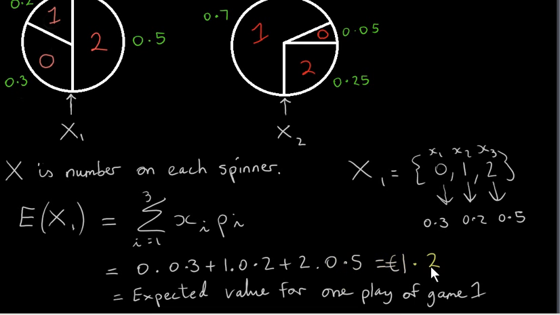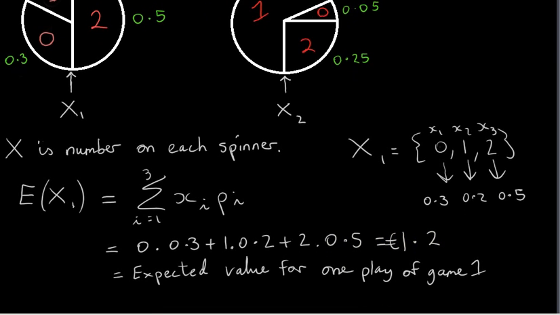But remember, it costs €1 to play the game. So that means that the expected winnings for one play of game 1 are 1.2 minus 1, which is 0.2 euros or 20 cents.